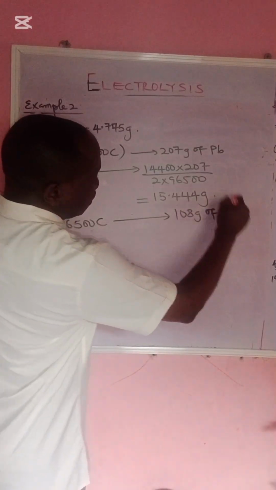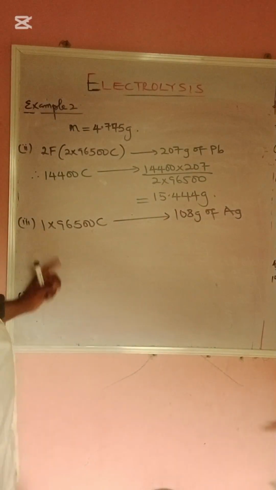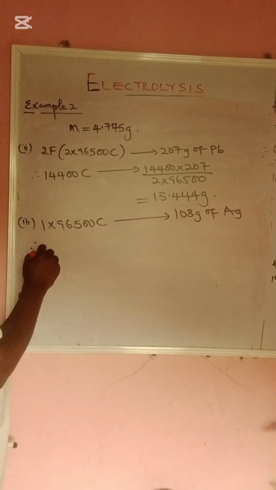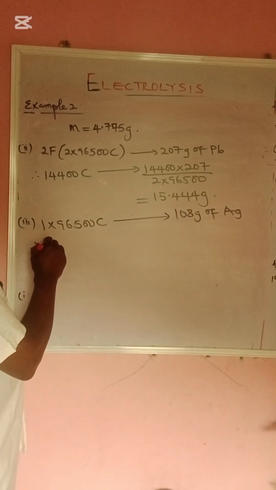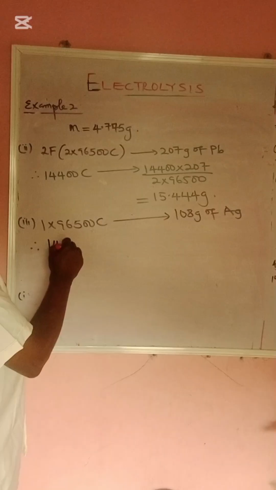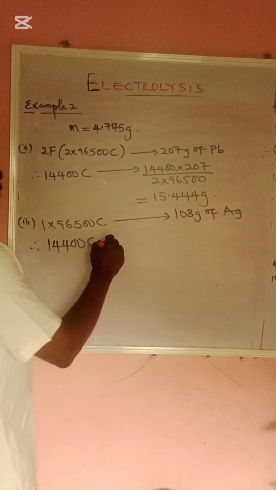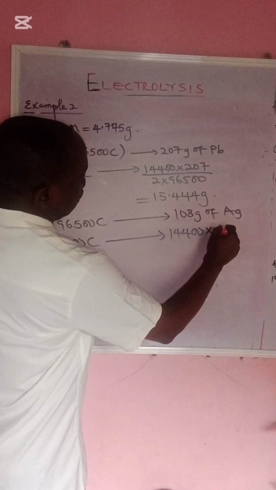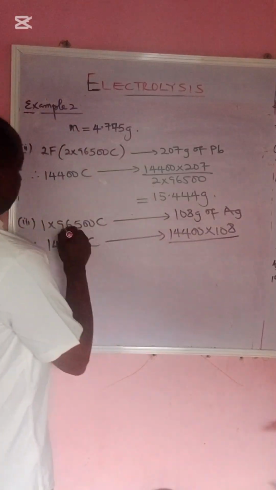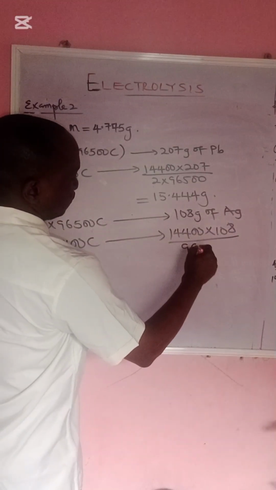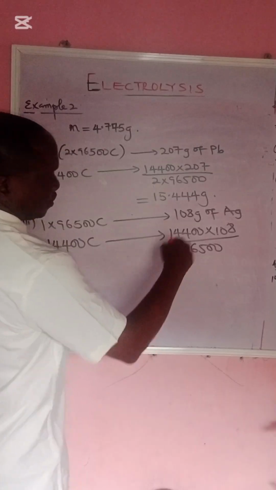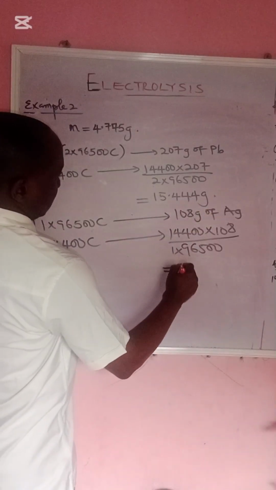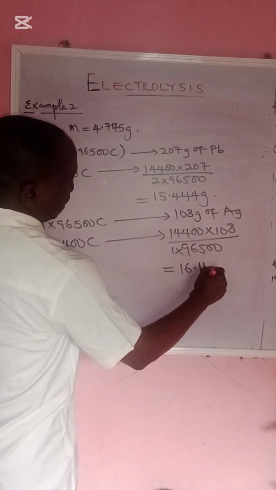Because it's monovalent. Therefore, we want to see 14400 coulomb. So it will be 14400 times 108 divided by 96500. That is 1 times 96500.